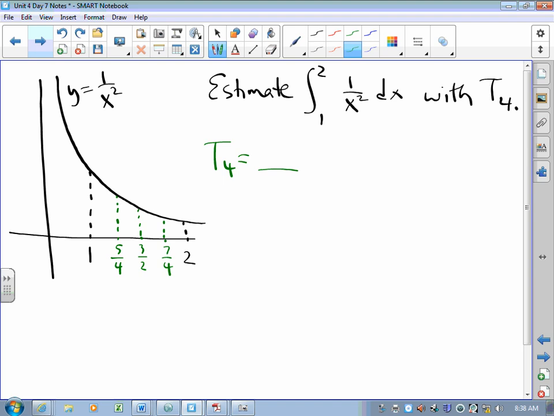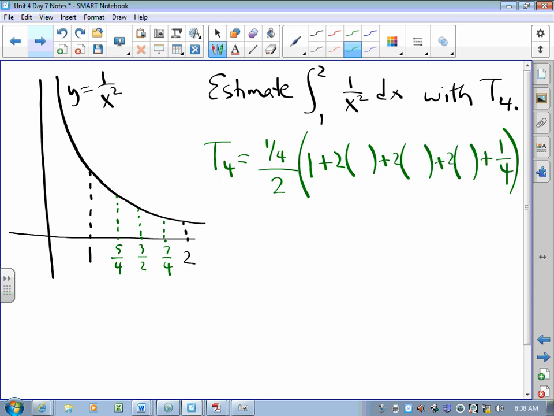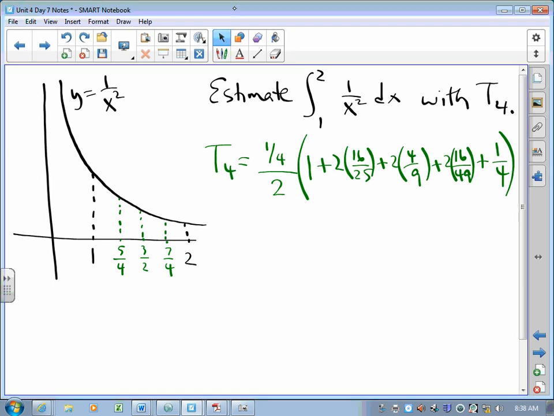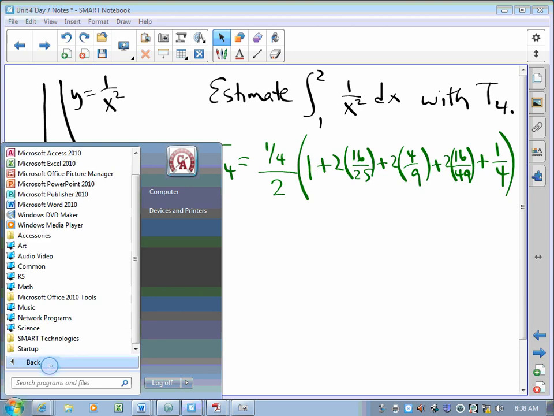We're going to take the delta x over 2 times the first y value, 2 of the second, 2 of the third, 2 of the fourth, and the last y value. So let's see, 5/4 squared is 25/16. 3/2 squared is 9/4. 7/4 squared is 49/16 plus 1/4.